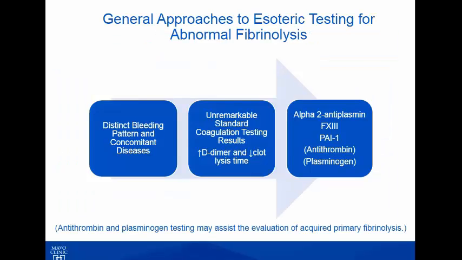For primary fibrinolysis, we start with a bleeding pattern, and then try to evaluate concomitant diseases, lymphoma, amyloidosis, and then we look at the lab results. In many cases, it could be very subtle, and then we will perform the esoteric testing involving those players. And antithrombin and plasminogen may be helpful when we're dealing with acquired primary fibrinolysis.